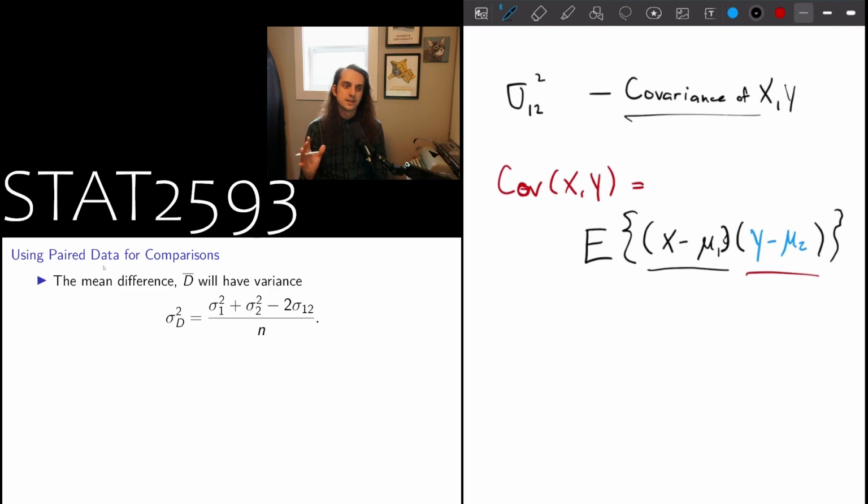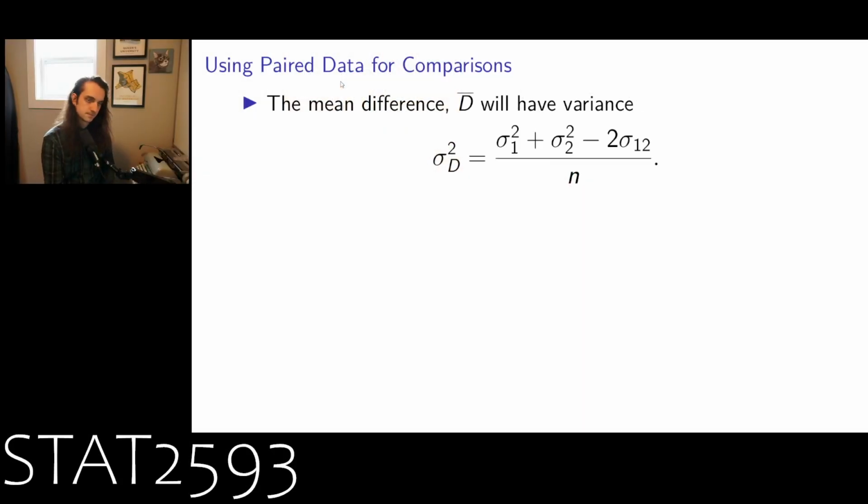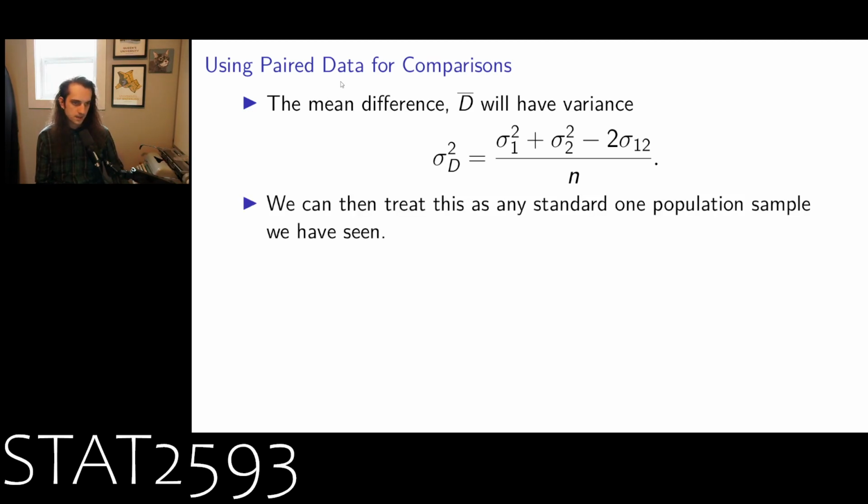Now, the mean difference, so if we're taking d bar, then this is going to have variance equal to sigma 1 squared plus sigma 2 squared minus 2 times the covariance, scaled by the sample size, which in this case is n. And then we can treat this as any standard one population sample, right? The mean difference is going to depend on the hypothesis that we're testing, say.